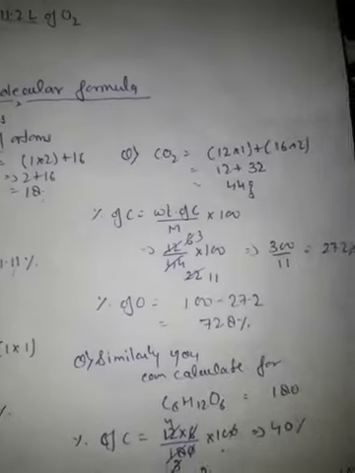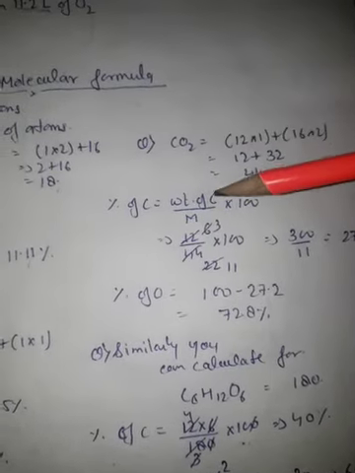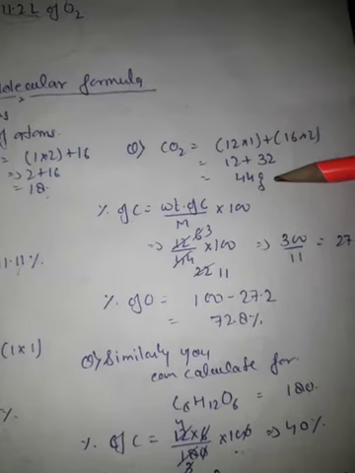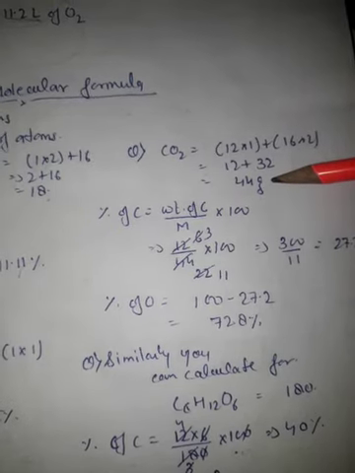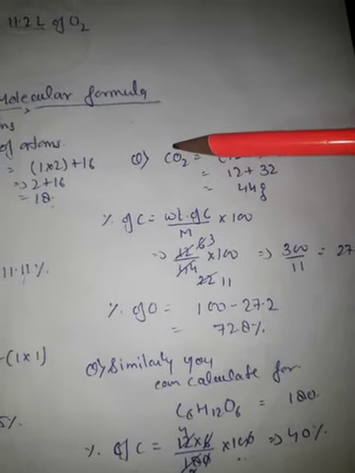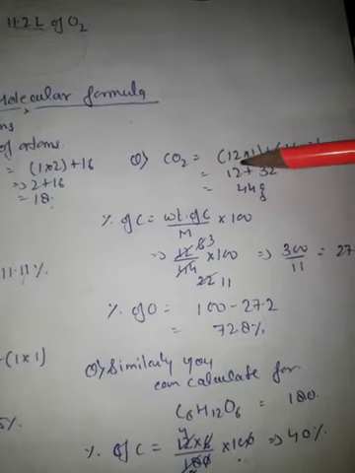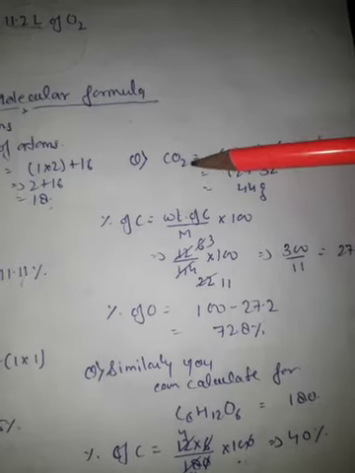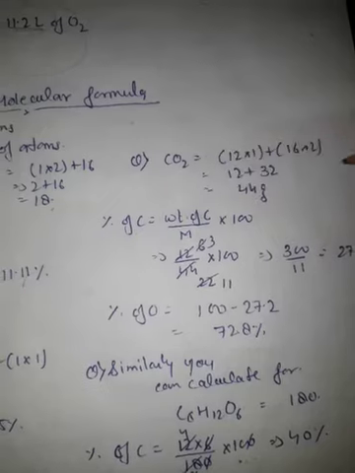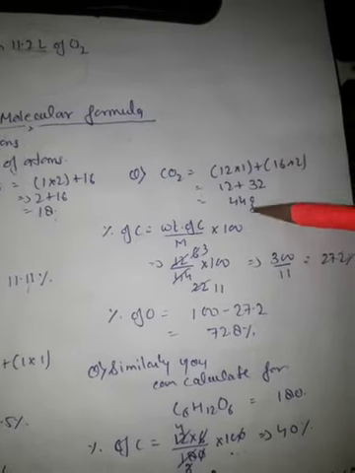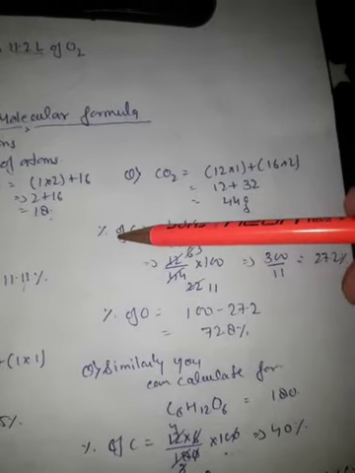Similarly, you can also calculate for carbon dioxide the percentage of carbon and oxygen. Same method. First calculate the molar mass of carbon dioxide: 12 into 1, as 1 carbon atom is present, plus 16 into 2 because 2 atoms of oxygen are there, so we get 44 gram. Now we have to calculate the percentage of carbon.